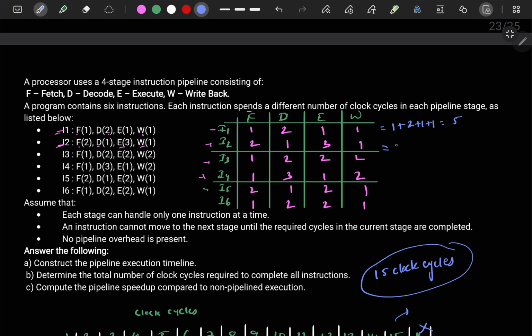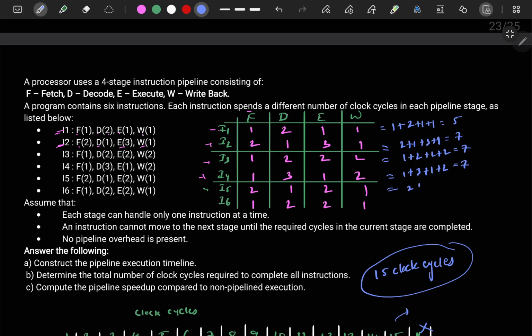Like this, for instruction 2, what would be the delay? 2 plus 1 plus 3 plus 1. The answer is 7. For instruction 3: 1 plus 2 plus 2 plus 2. 2 3s are 6 plus 1, 7. For the next: 1 plus 3 plus 1 plus 2, which is also 7.